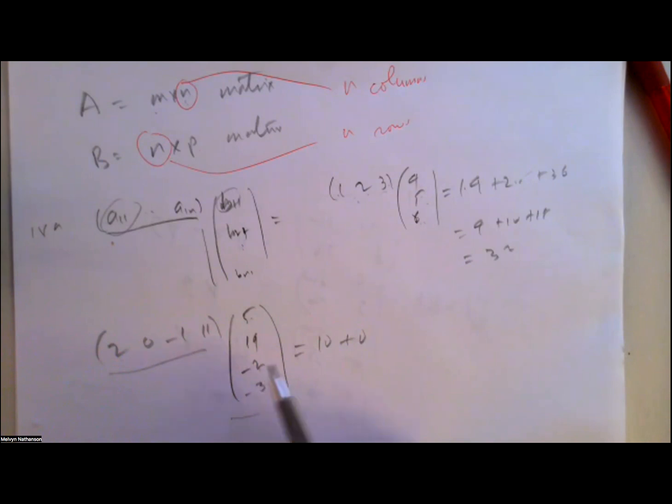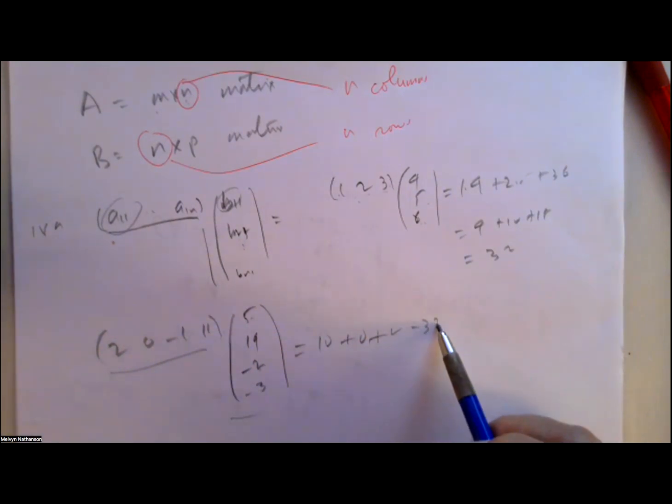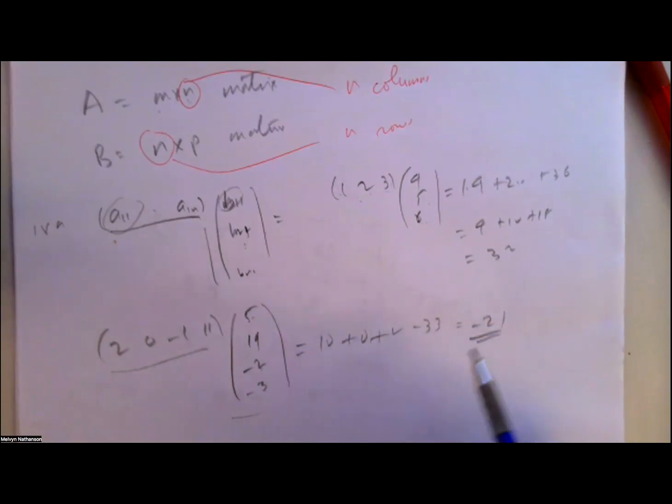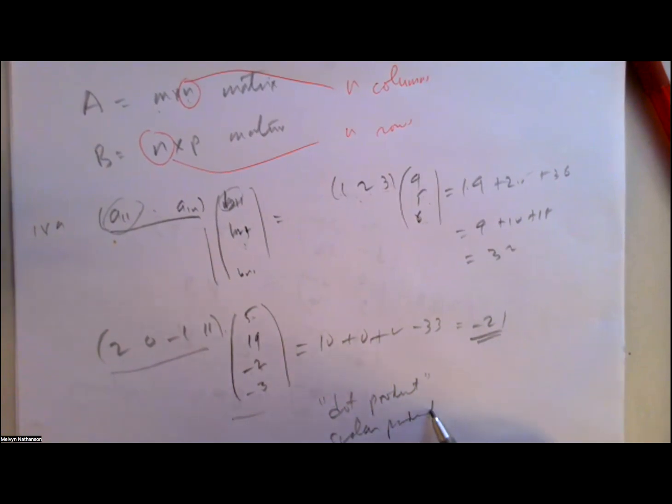Minus 1 times minus 2 is 2. 11 times minus 3 is minus 33. So 12 minus 33 is minus 21. Right? This is also, if you took vector calculus, what was called the dot product of two vectors, or the scalar product, or sometimes the inner product.